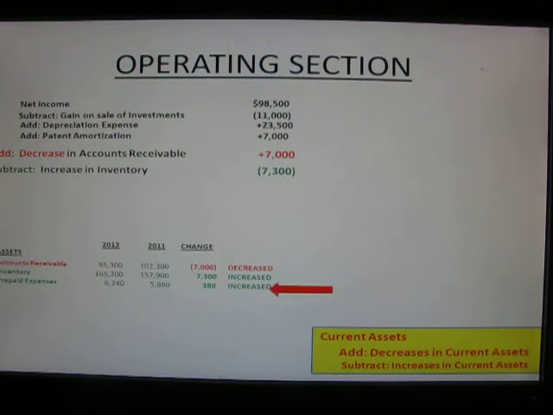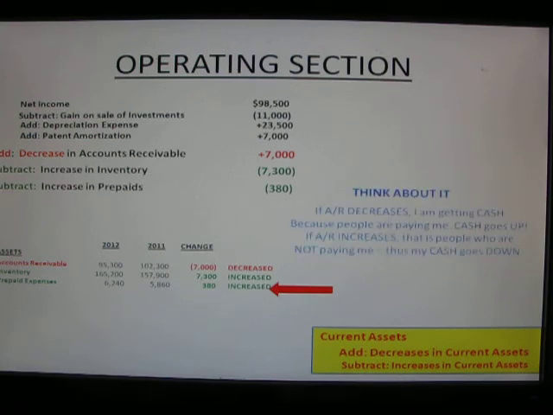Prepaid increased, so I must have purchased maybe additional insurance. If I purchased something, then my cash went down, so I'm going to show that as a decrease. You can always remember that assets are opposite. If they increased, then you subtract them. If they decreased, you add them.